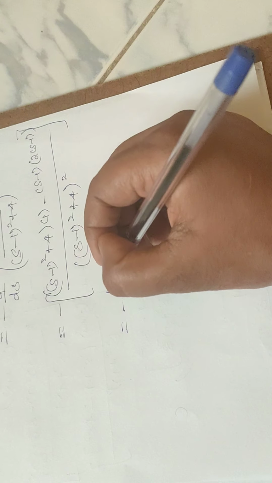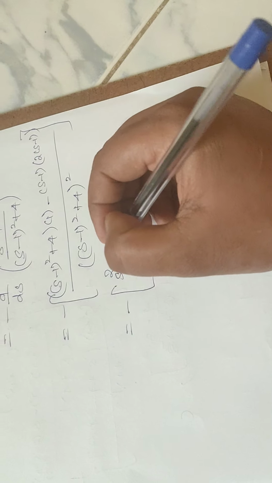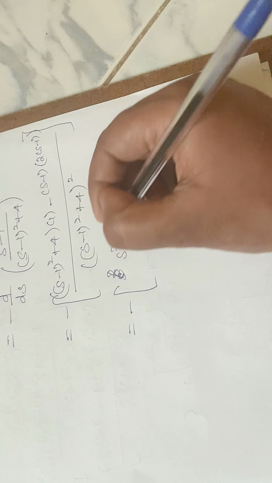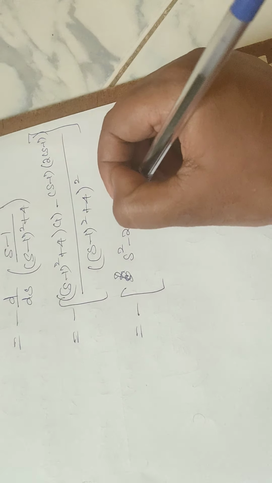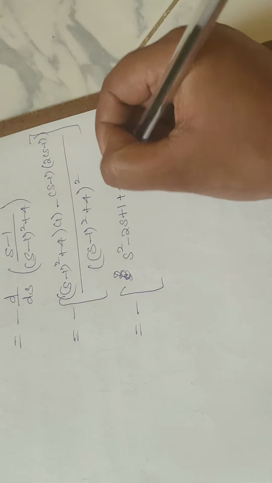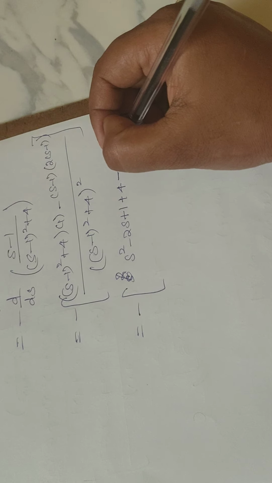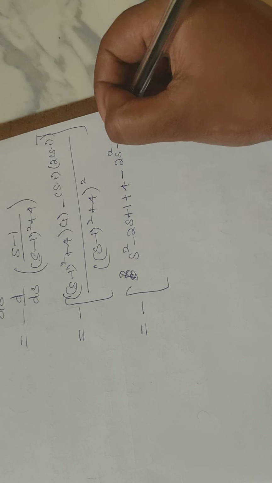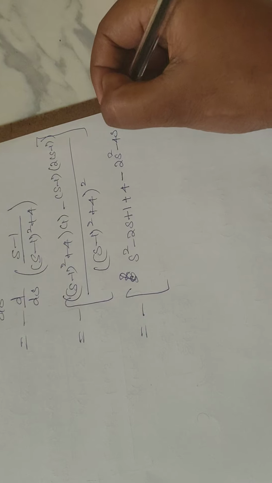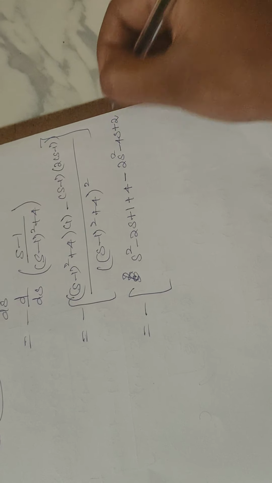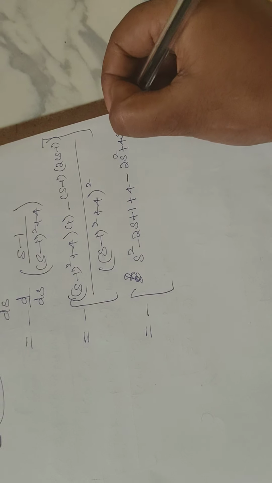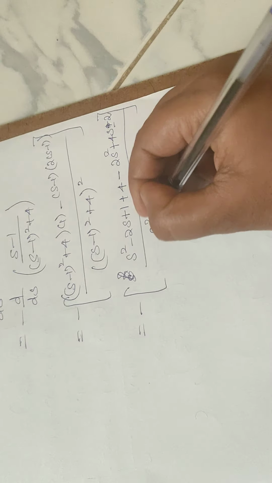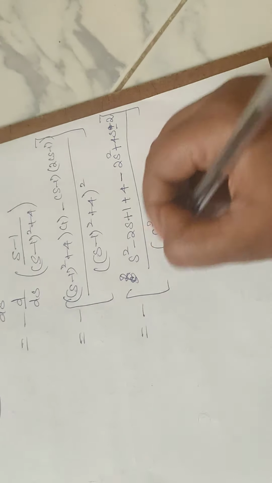So minus, this will be s square minus 2s plus 1 plus 4 minus 2 into s minus 1 whole square, so 2s square minus 4s plus 2, divided by s square minus 2s plus 5 the whole square.